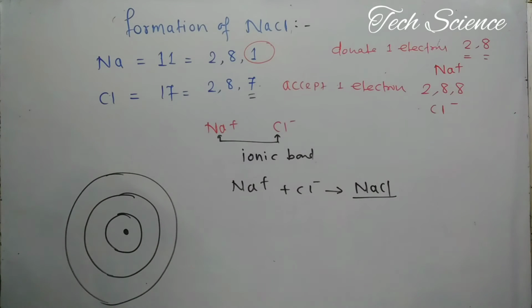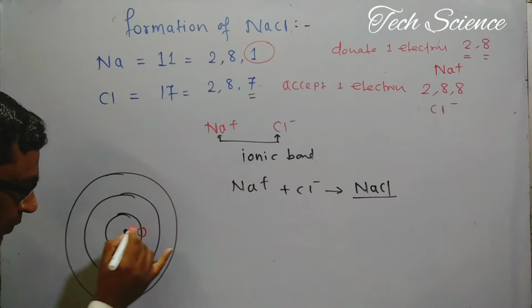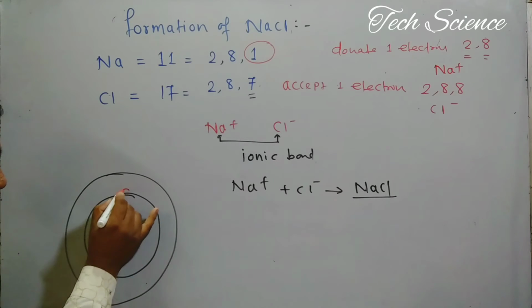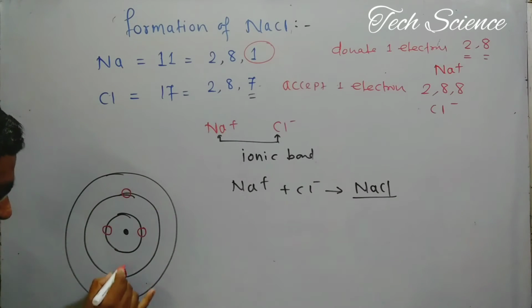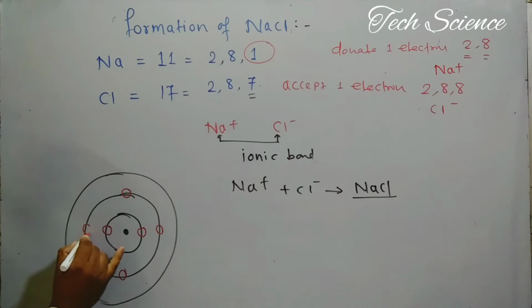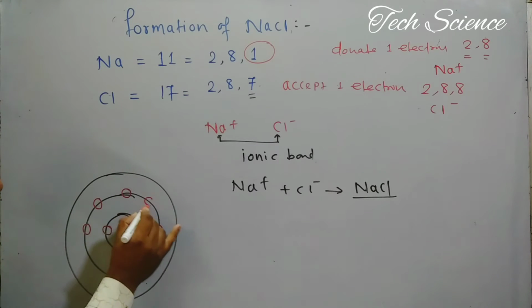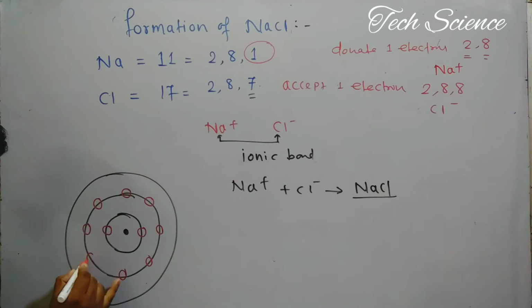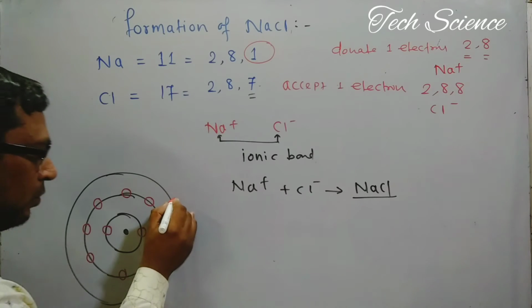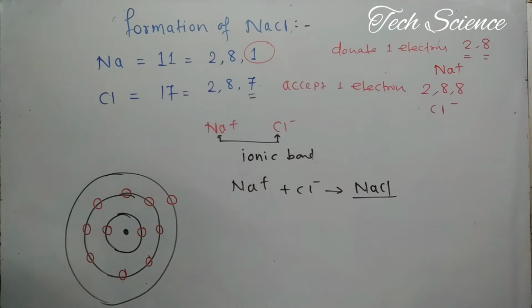In case of sodium, Na, what is the electron configuration? Atomic number 11. Electron configuration 2, 8, 1. So this is the first 2 electrons, then 8, 1, 2, 3, 4, 5, 6, 7 and 8, and in the last orbit only 1 electron is there.